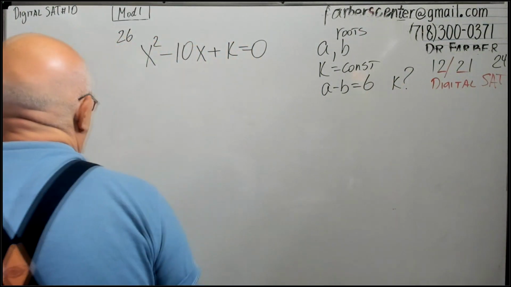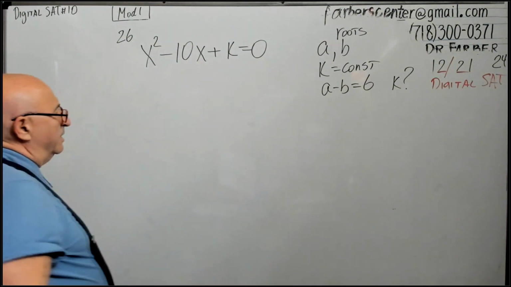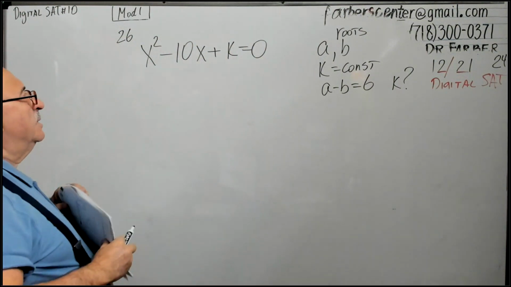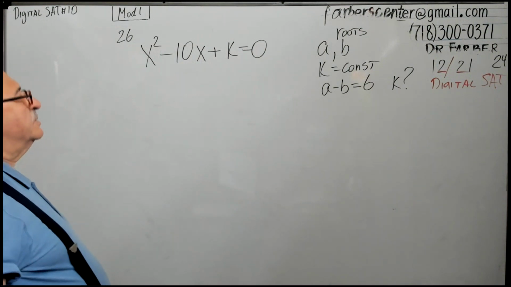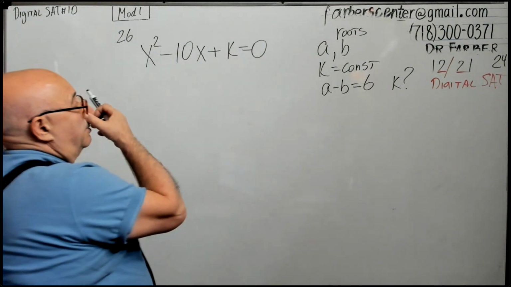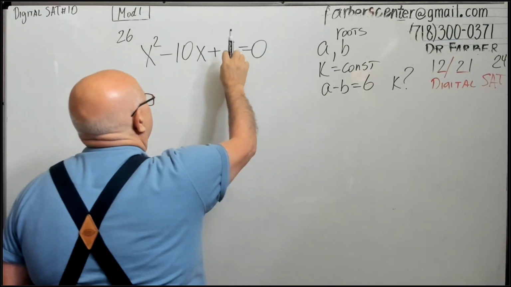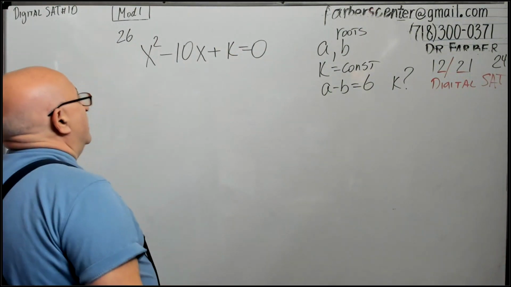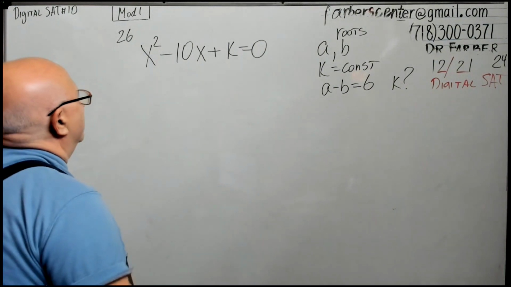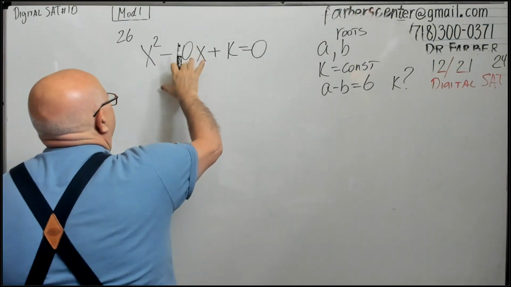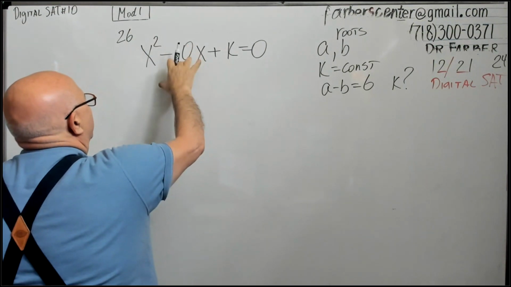This is a quadratic equation. According to Vieta's theorem, you have to find two roots, two numbers which multiplied give you k, and added together give you 10. The roots' sum is 10 with opposite sign.